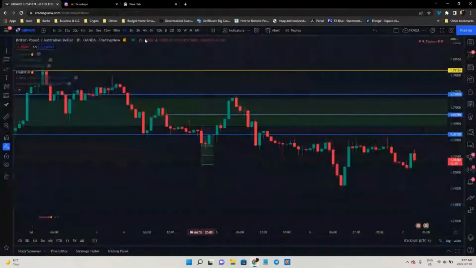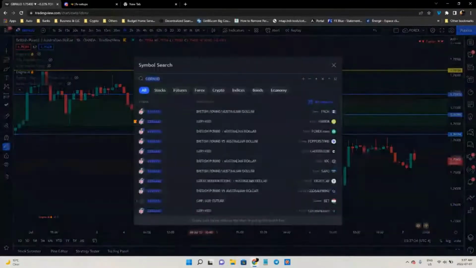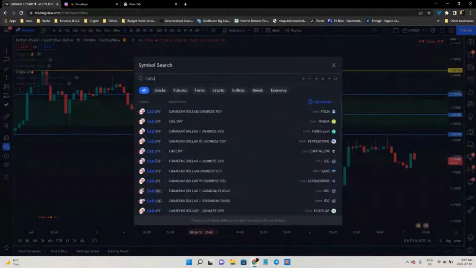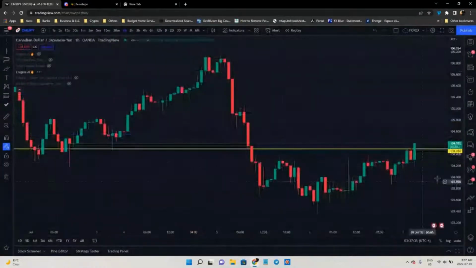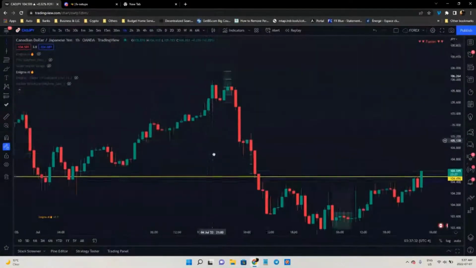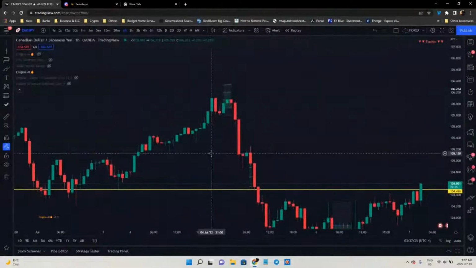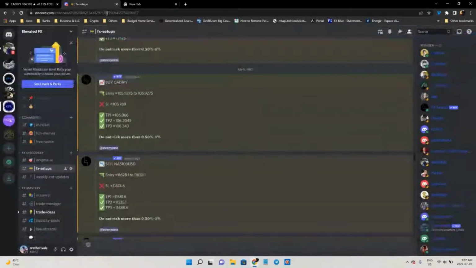Okay, so CADJPY. Let's look at CADJPY. That was the first setup on CADJPY, and that was a buy. This is the start of the week, on the 5th.